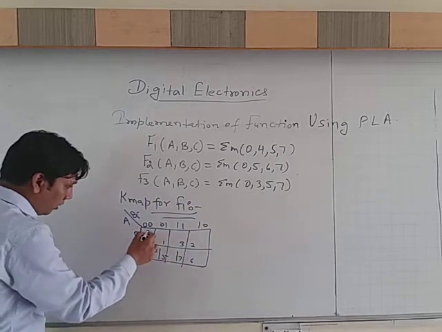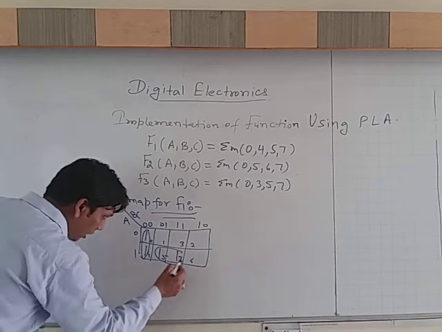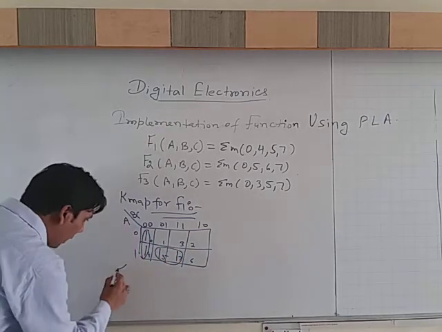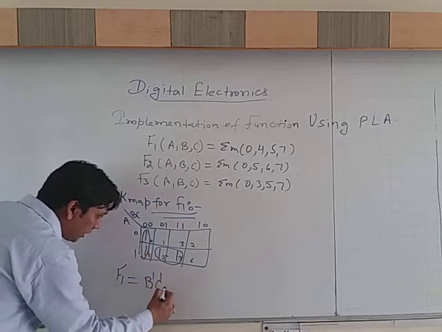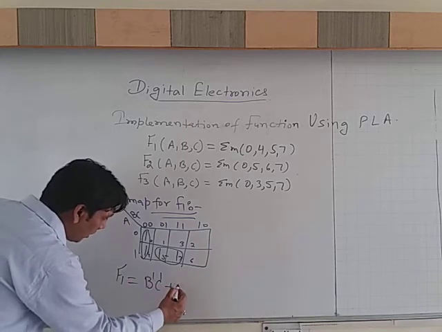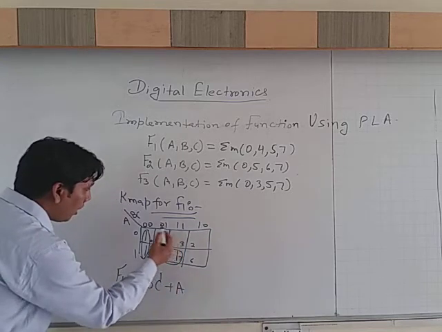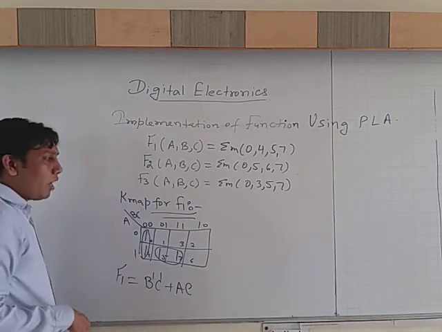So it will give us group number 1 and this is group number 2. So the value of f1 is B' C' plus A, and from here C. So this is the value of f1.